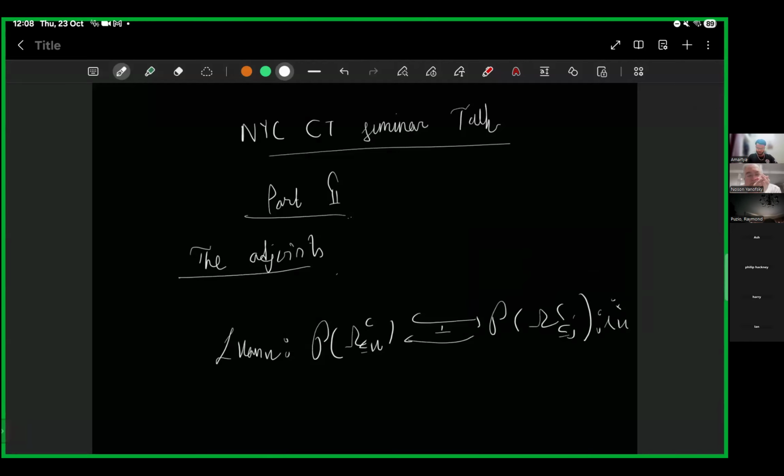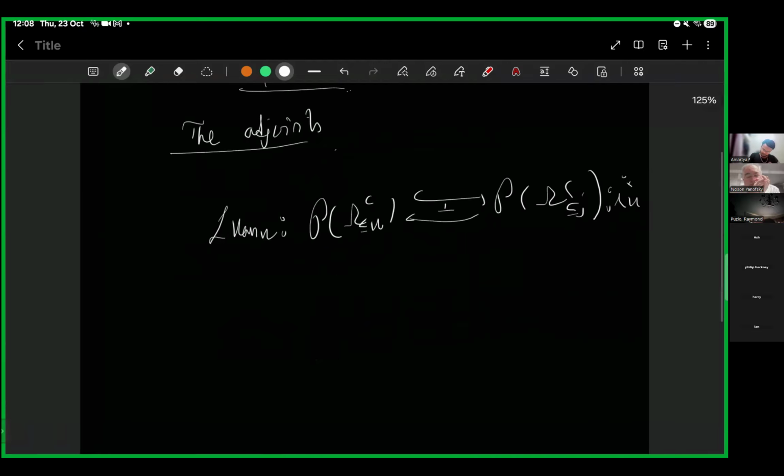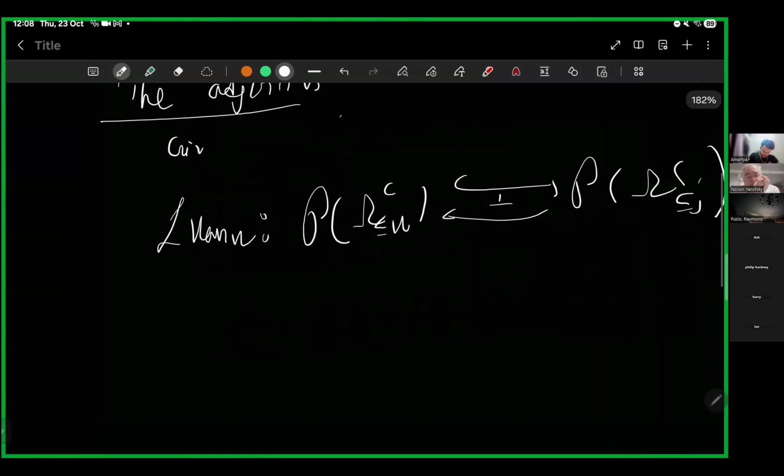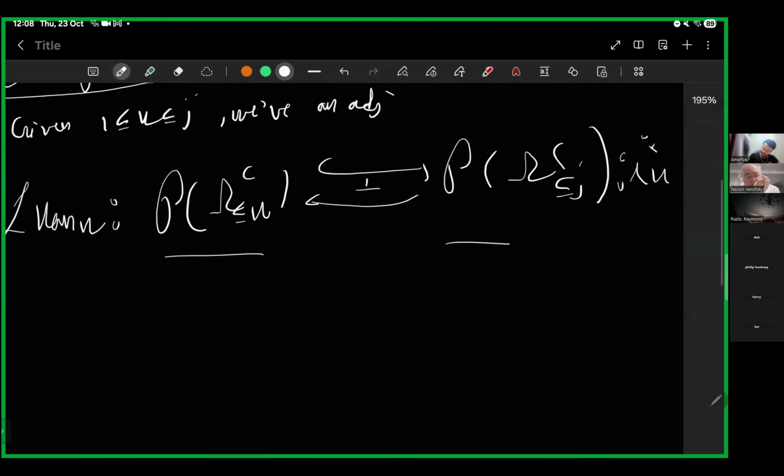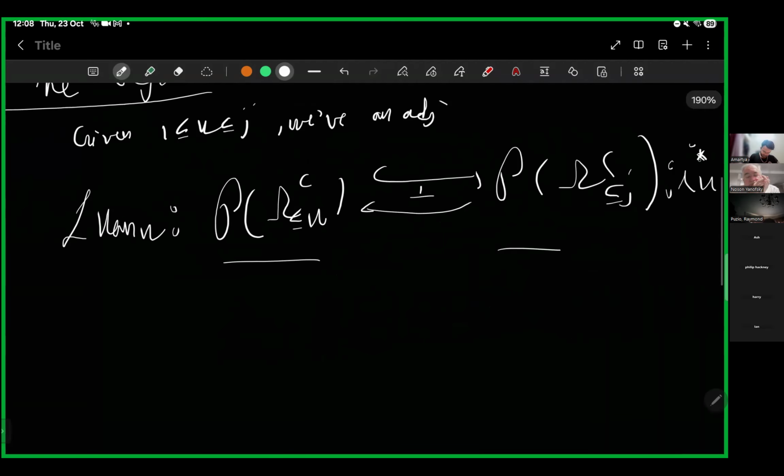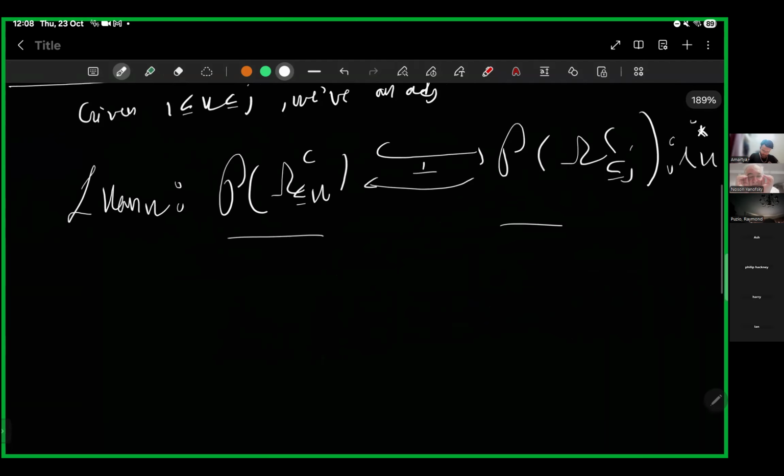So the adjoints. This is where the interesting stuff happens. Given 1 less than or equal to k less than or equal to j, we have an adjunction. This is i_k star, where this is the sheafification.